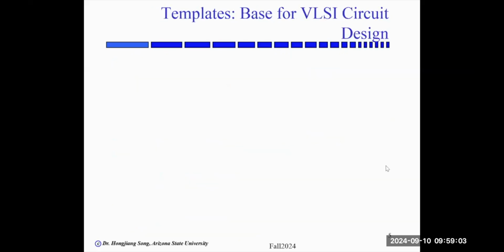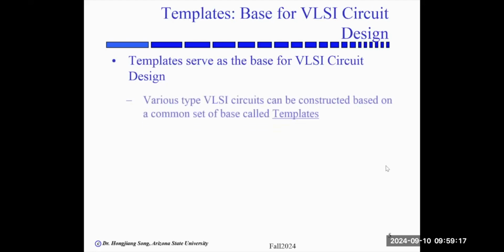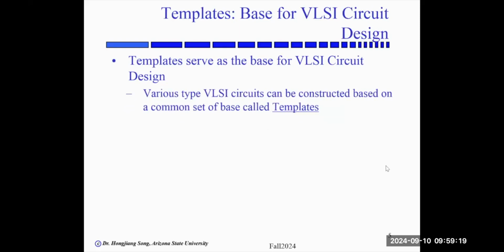So now let's look into what should be the base for VLSI circuit design. In VLSI circuit design, we use templates. The template will serve as the base of our VLSI circuit design. By using the template as a building block, we can build this type of VLSI circuitry.